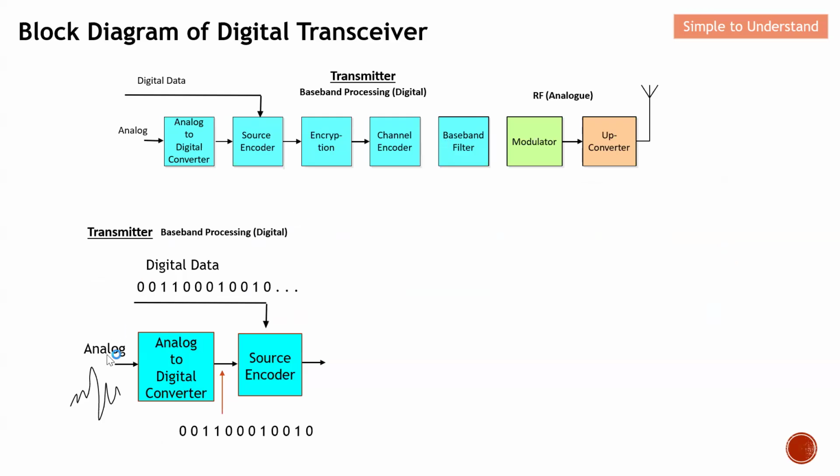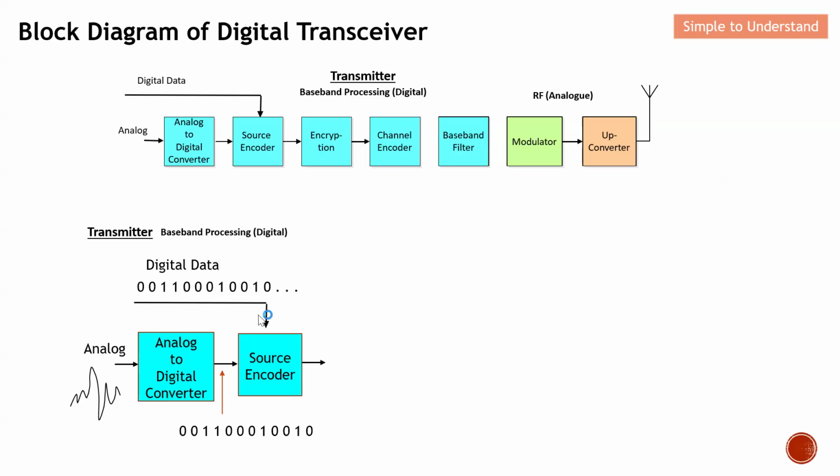From here you can see that if the signal is in analog form, it can also fit into the digital transceiver. But before it can come into the digital transceiver, it needs to go through the analog to digital converter. So the signal is converted from analog form to digital form before it is fed into the source encoder.